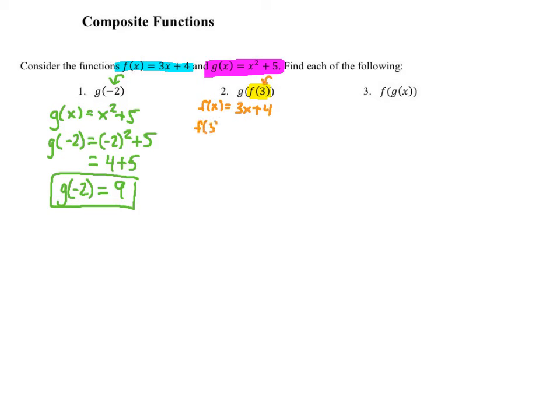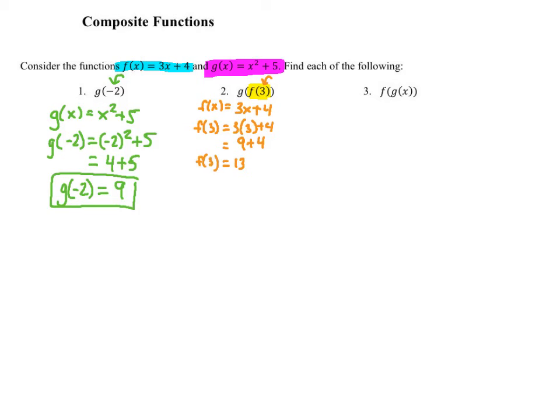So I have f of 3 equals 3 times 3 plus 4. 3 times 3 is 9. Bring down the plus 4. And then 9 plus 4 is going to be 13. So f of 3 is going to be 13.